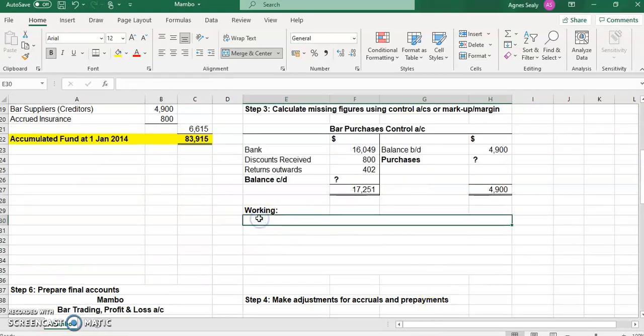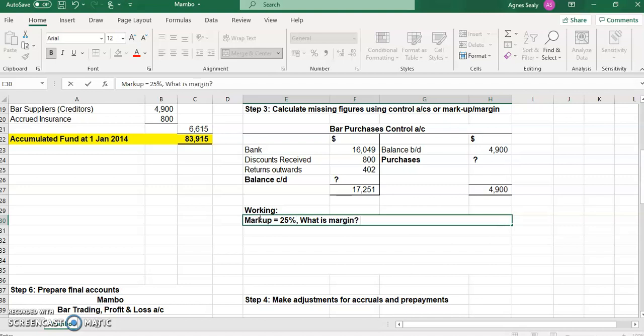So we know that our markup is 25%. So markup equals 25%. So what we're going to do is convert this markup to a margin. So markup is 25%. So what is margin?